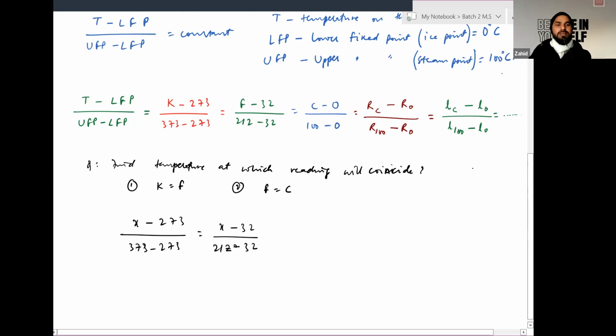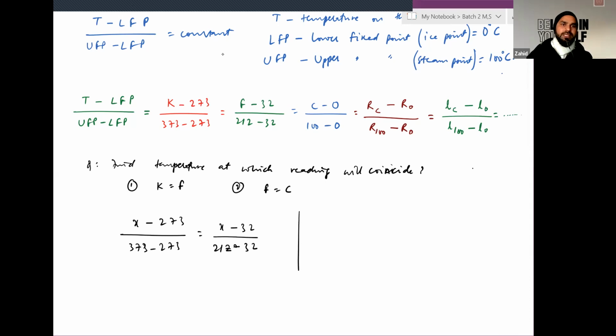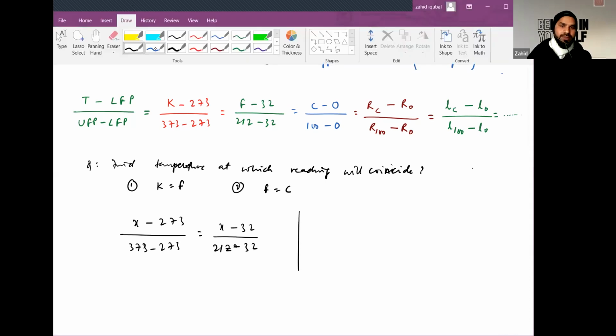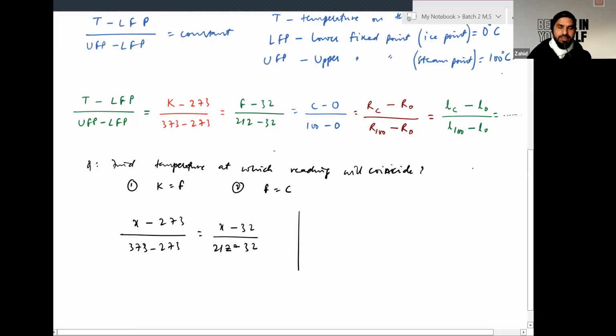Just simplify this particular expression to get X. Similarly, in second part, at which numerical value F and C coincide, relate these two equations and write the value of each part: F equals Y as C equals Y. Now, try to simplify this particular expression to find Y. Try to solve these two terms.